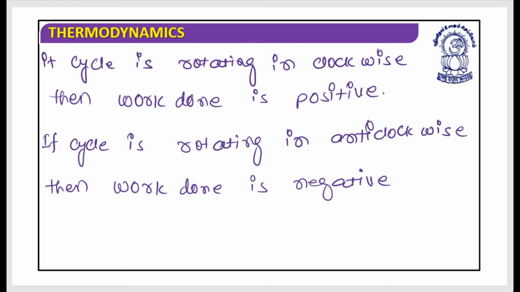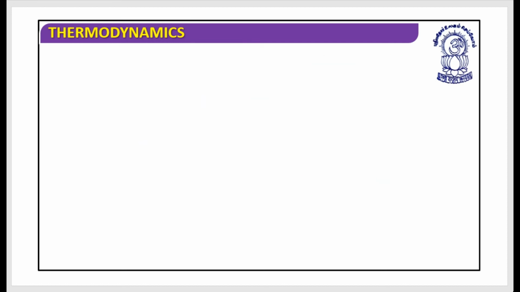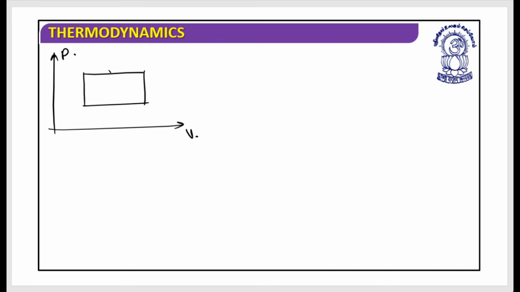Great. So let's have one question based on this concept. Let's say this is P, this is V, and this is the process. Let's label A, B, C, D: A to B, B to C, C to D, and again D to A. That means from A, this is going to be repeated, and this is known as the cyclic process.